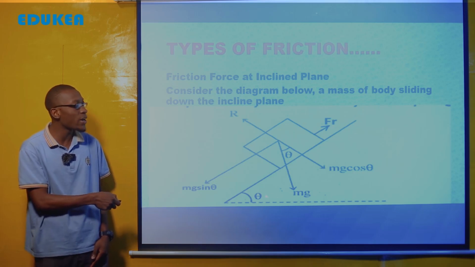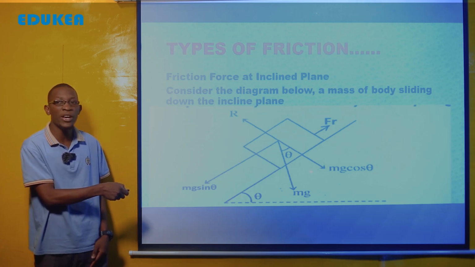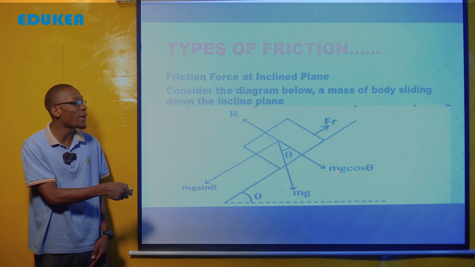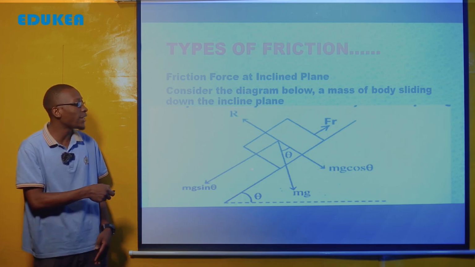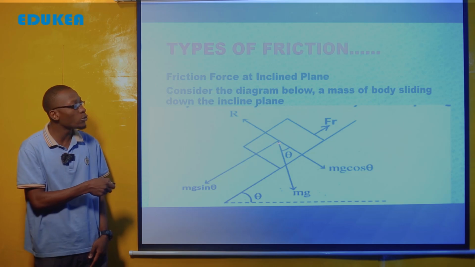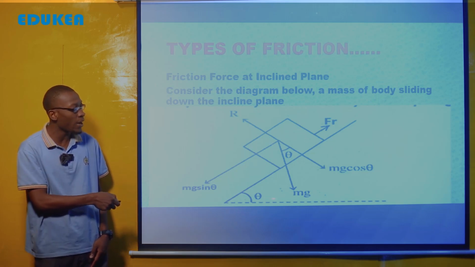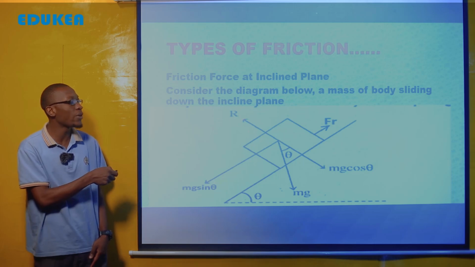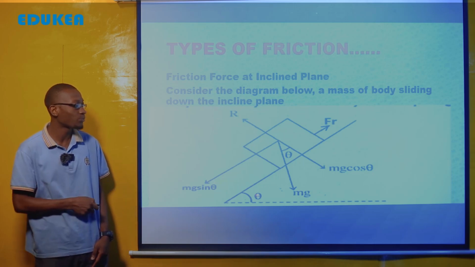Wakati angle ingekuwa sifuri, maana yake mg cos sifuri, value ya cos sifuri ni moja. Kwa maana hiyo tungesema normal reaction ni sawasawa na mg, lakini kwa sababu hii kitu iko kwenye inclined plane imetengenezewa at angle fulani, kwa maana hiyo sasa normal reaction ni sawasawa na mg cos theta.